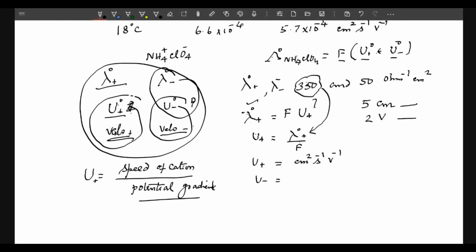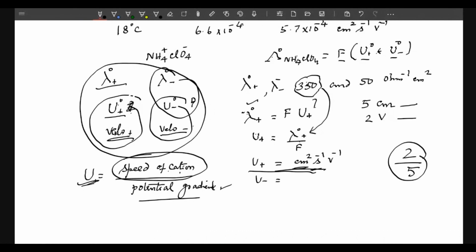We have already given the potential difference 2 volt divided by the distance between the two electrodes, 5. Now you can calculate this. What is the unit for the speed of the cation? Here it is given in centimeter, so definitely centimeter per second is the unit. From the U plus unit, you can work out the unit for the speed of the cation.